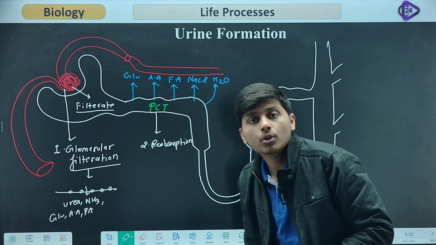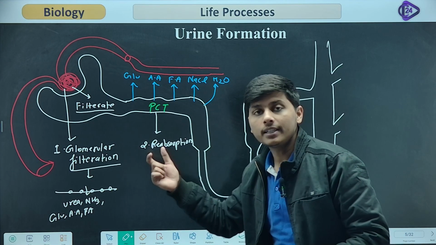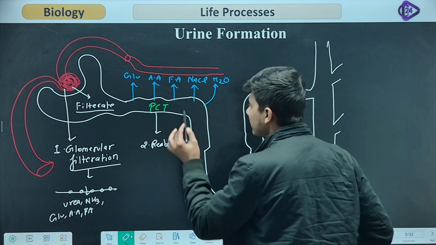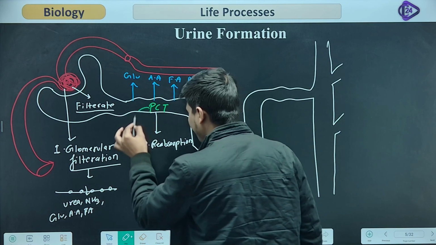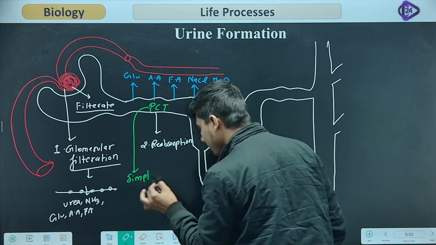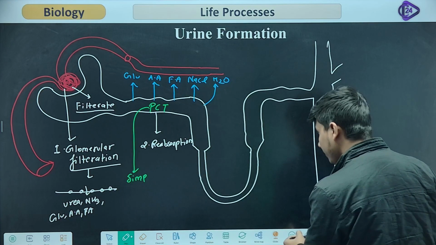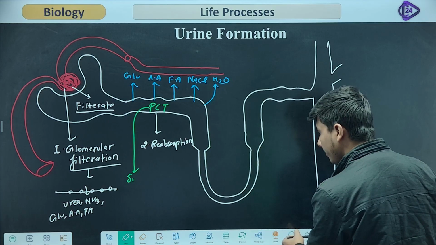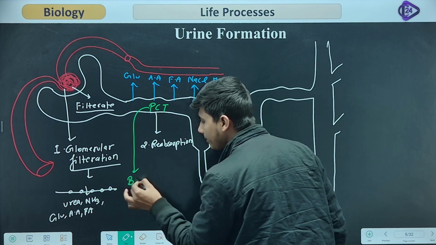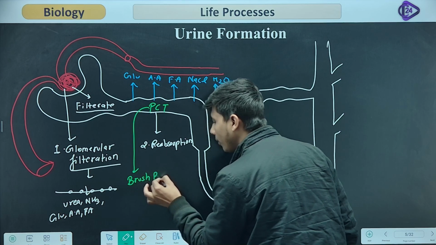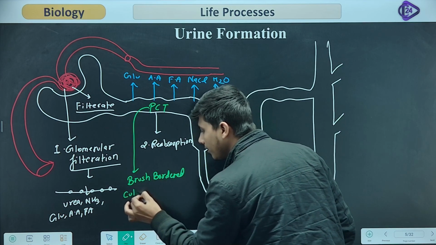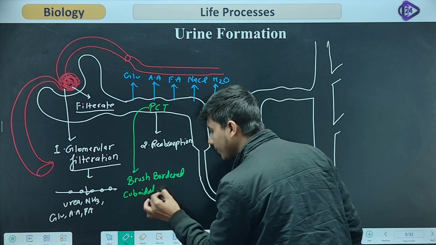Because in the PCT a special type of epithelium is found, which is called, sorry, not simple, my mistake, brush bordered cuboidal epithelium.